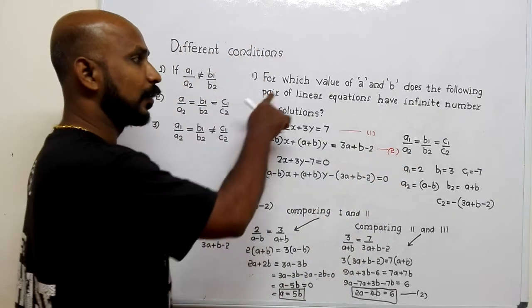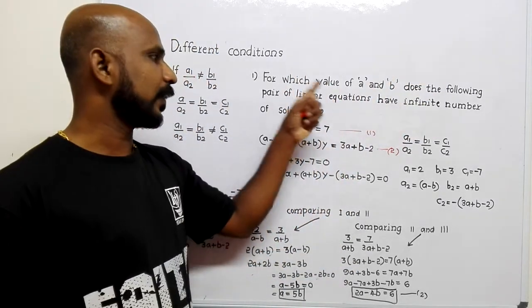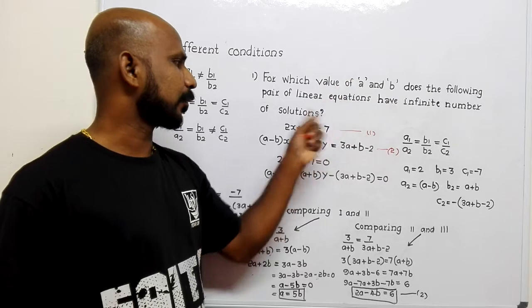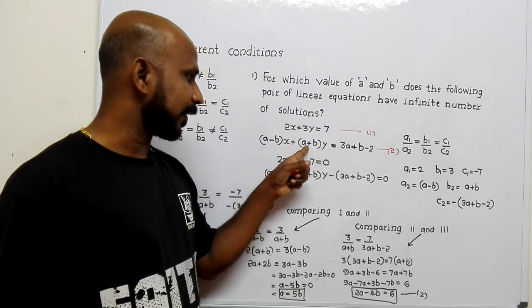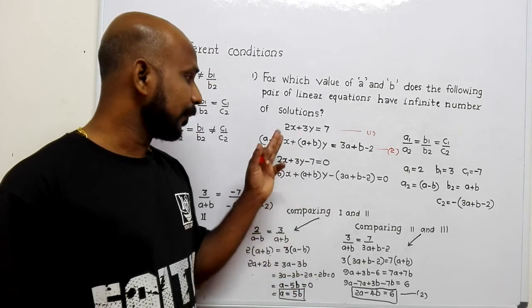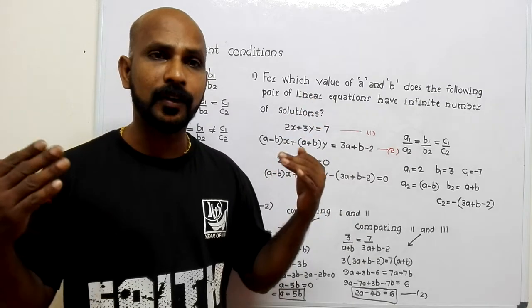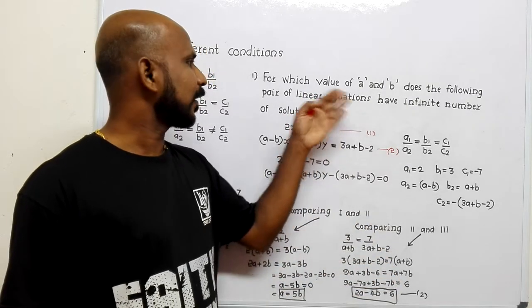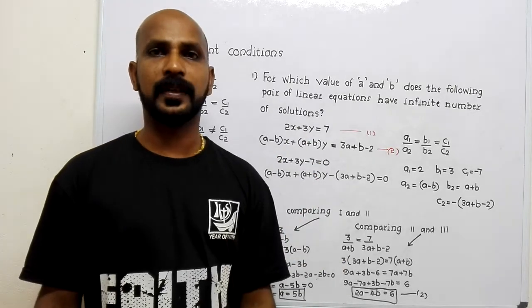Here x and y are the two variables, along with a and b also given. The question is asking for what value of a and b the pair has an infinite number of solutions.